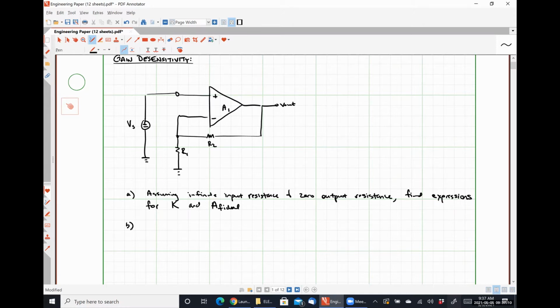For part B, we want to know what values of K and R2 over R1 yield an ideal closed loop gain of 10 volts per volt.